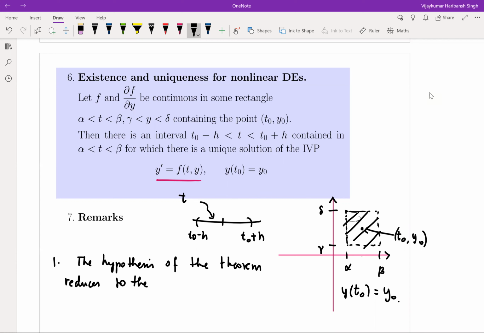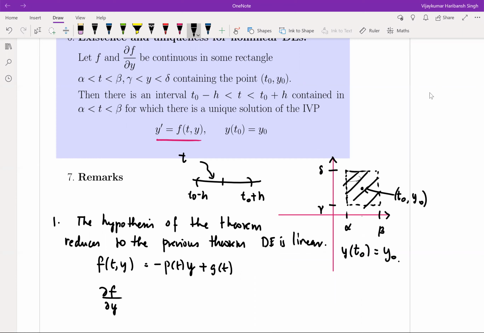When you have f of t, y equals minus p of t times y plus g of t, right? Now if you take the partial derivative of f with respect to y, recall, everything except y is treated as constant. So minus p of t, the constant, comes out, the partial derivative of y with respect to y is 1, and the partial derivative of g of t is 0 with respect to y.